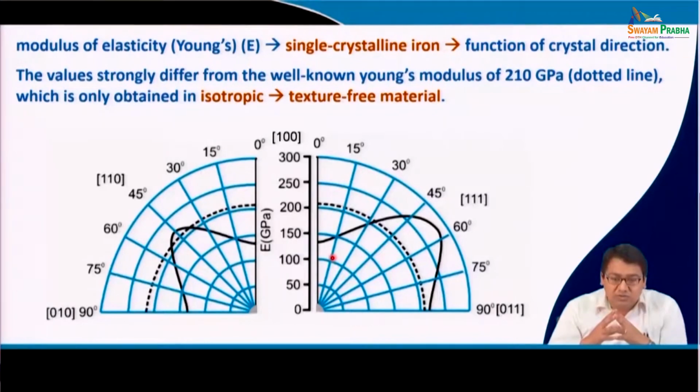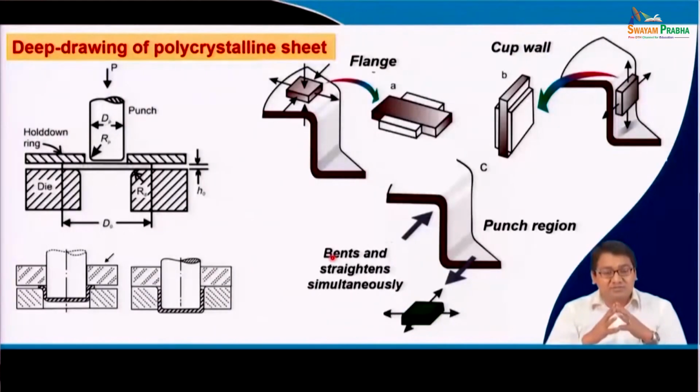So, modulus of elasticity is affected by the texture. So, you see that it varies because of the anisotropy.